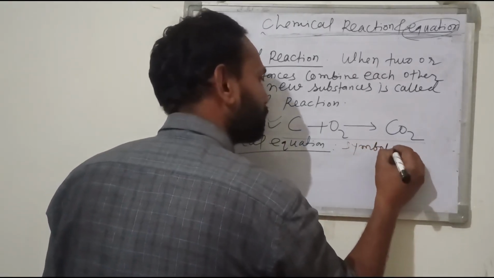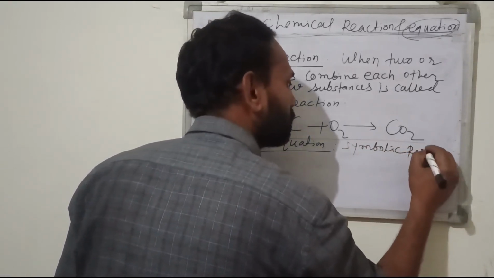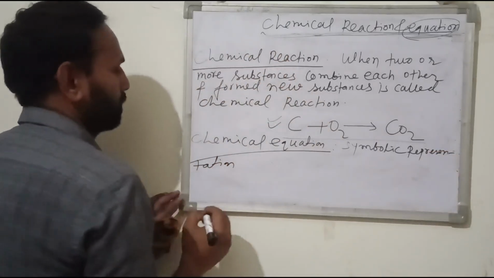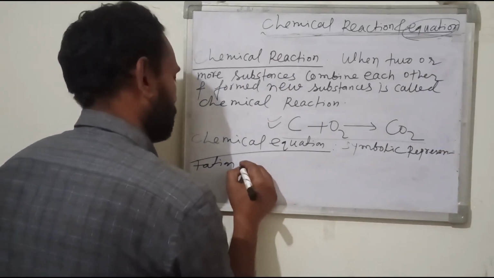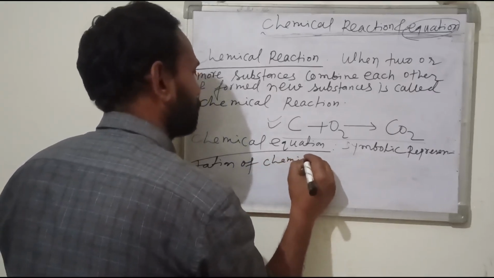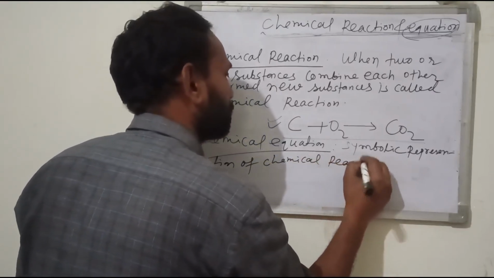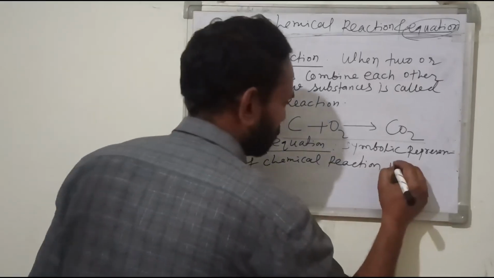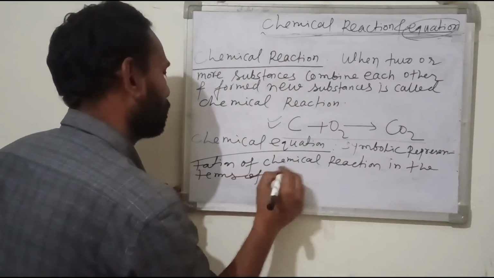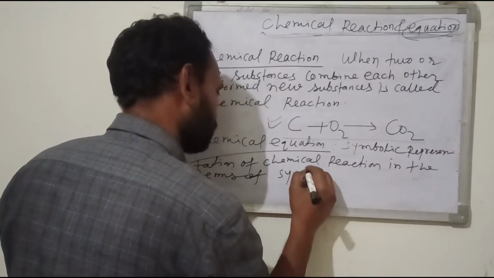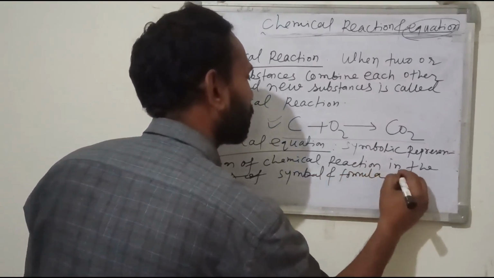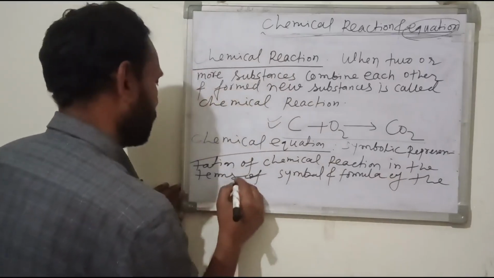Okay, you can write the definition. Symbolic representation of chemical reactions in the terms of symbol and formula of the reactant and product.